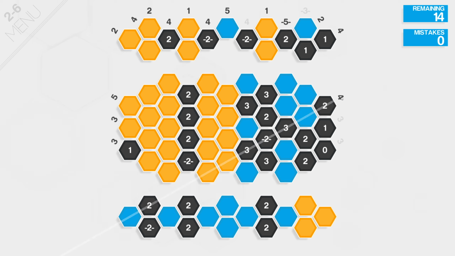Does that help us solve this? 1, 2, 3, 4. It does. That 3 sees 3, so it's not that. This 2 has 2 non-consecutive, so it's not this. This 3 needs a third. That 3 has 3. This 3 needs a third. That 5 is solved. That 3 needs a third. That 4 is solved.